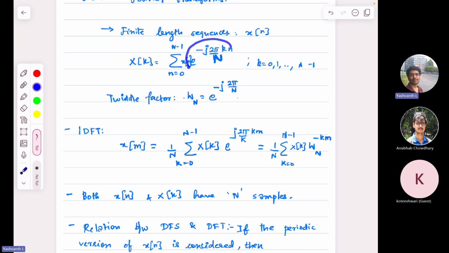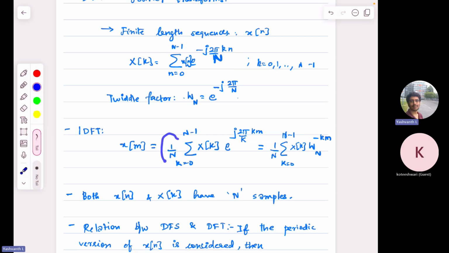The exponential argument remains the same except for a change in sign. There was a negative sign, now it has become a positive sign. And then you have a 1 over N scaling, which is not present in the Fourier transform. The reason for the 1 over N scaling is to preserve the energy between the time domain and the frequency domain.